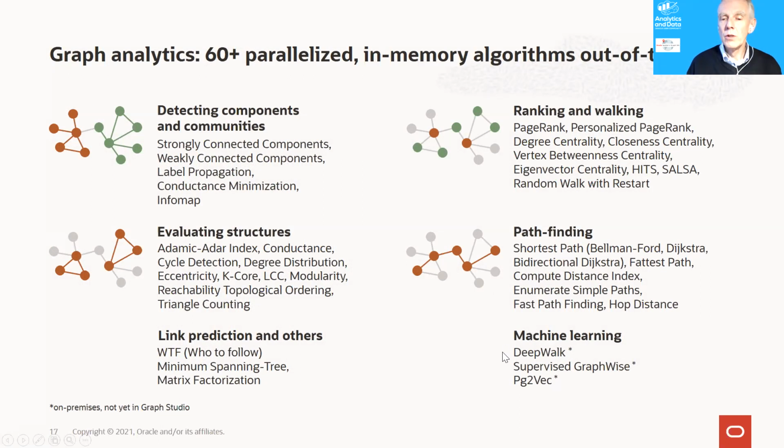That already includes 3 machine learning algorithms, which you may or may not have come across, depending on how much of a data science background you have, like DeepWalk or supervised GraphWise. These are, for the time being, part of the on-premises product. They will be taken up by the Graph Studio in the upcoming releases. They're just not there yet, right?